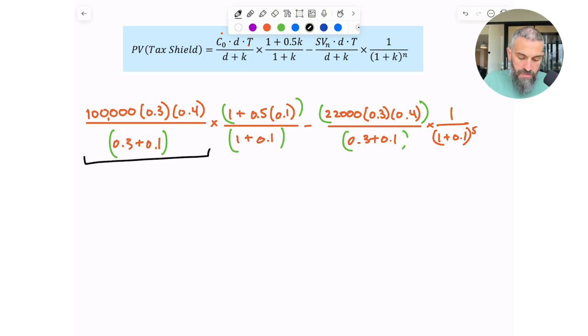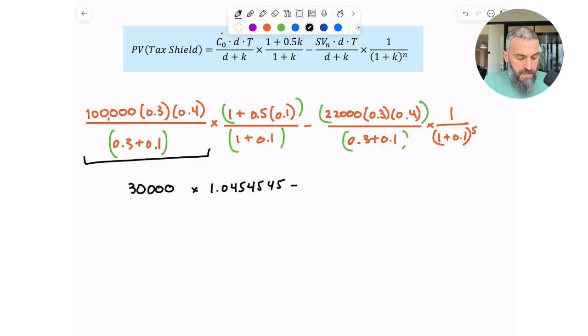Okay, this is not so bad. This first one gave me exactly 30,000, so I'm actually going to write that. Then 1 plus 0.5 times 0.1 divided by 1.1. Yeah, so you see this one gave me 1.0454545. And if I'm going to do it in parts like this is how I'm doing it. I'm keeping many, many, many decimals.